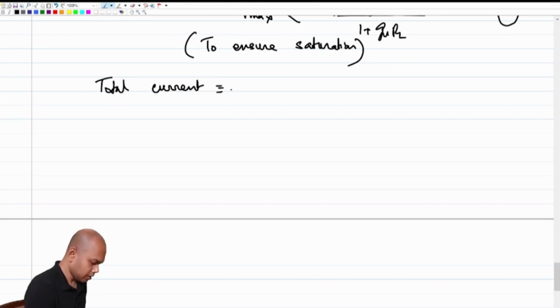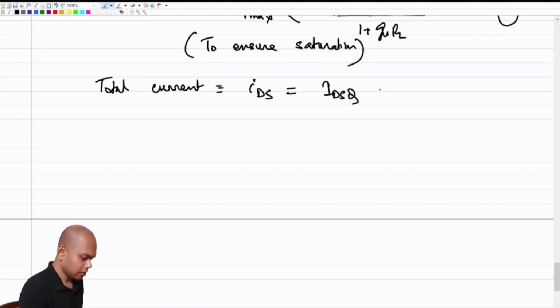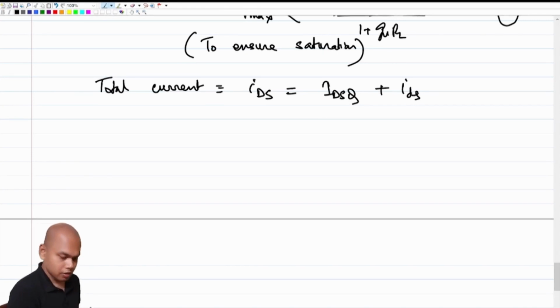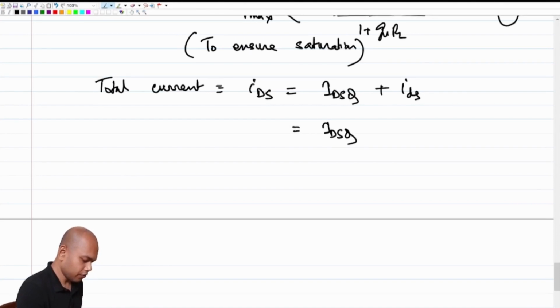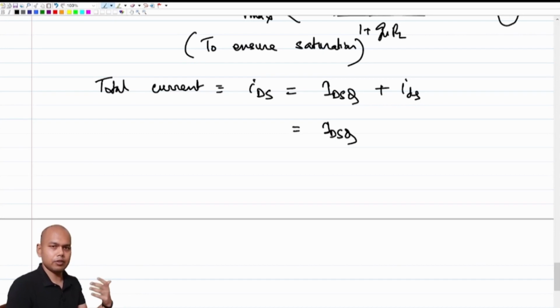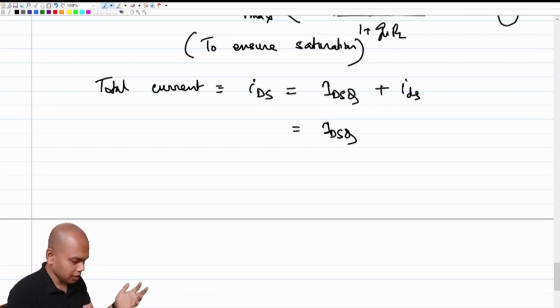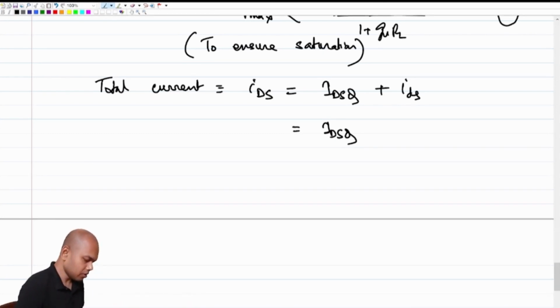Total current IDS is IDSQ plus small IDS. IDSQ we have found out from our quiescent conditions, so mu n C ox W over 2L times VGS minus VT, whole square. So we have found out IDSQ.